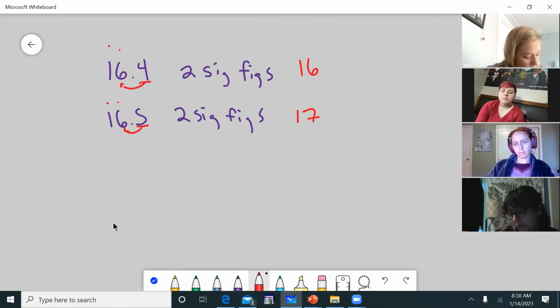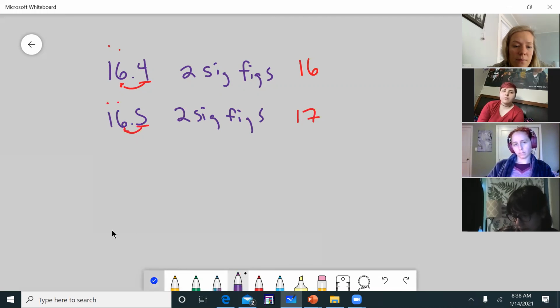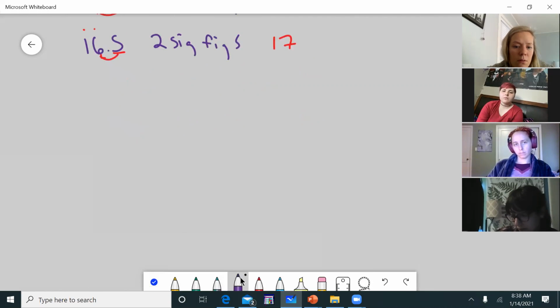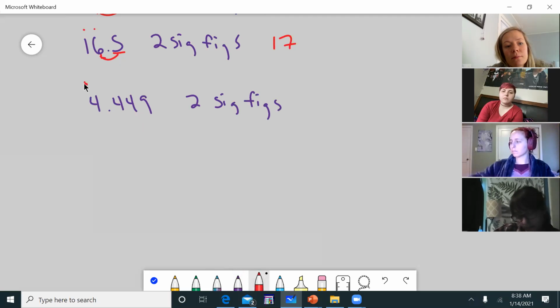Let's look at some situations where we want to round and it's not always as intuitive. One situation I see happen a lot, 4.449. I want to round this to 2 sig figs. I'm going to keep the 4. I'm going to keep the 4. I'm going to cut everything else off.